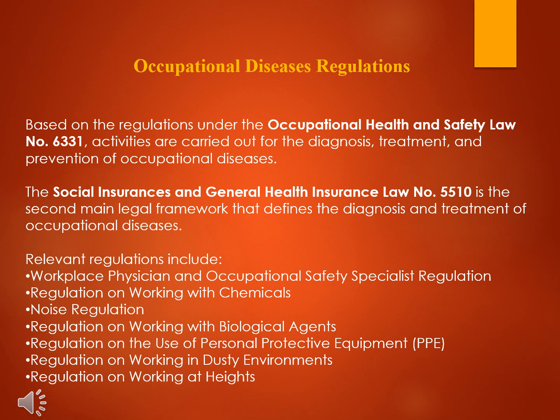Key supporting regulations include the Workplace Physician and Occupational Safety Specialist Regulation, Chemical Safety Regulation, Noise Control Regulation, Biological Agents Regulation, PPE Usage Regulation, Dust Exposure Regulation, and Working at Heights Regulation. These frameworks ensure a comprehensive approach to occupational disease management, addressing hazards from chemical, physical, biological, and ergonomic sources.